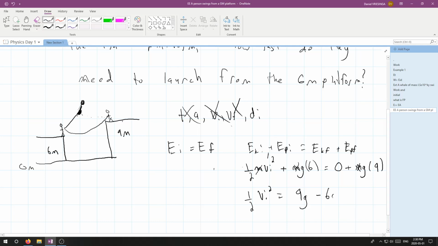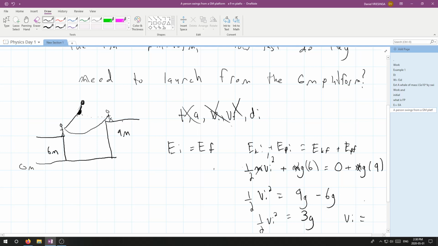Subtract 6g. And that's where the 3 came from anyways. So if I would have let my platform equal 0 here and 3 here, I still would have got 3g. vi squared is 6g. So my initial velocity will just equal the square root of 6g.